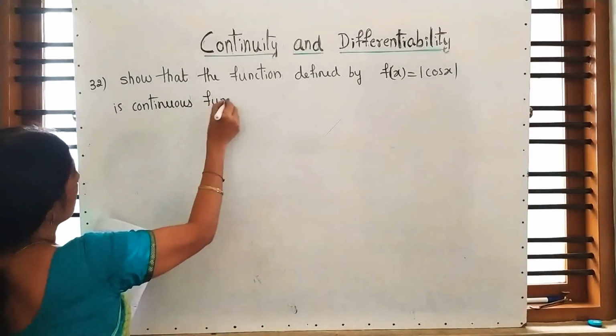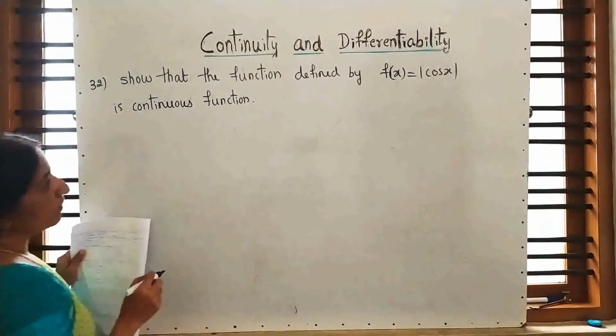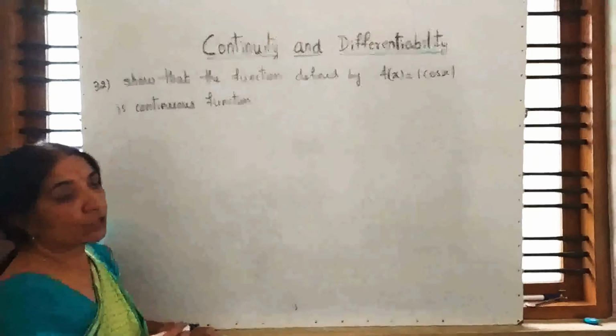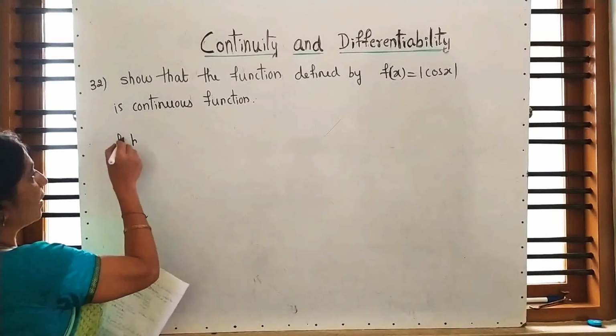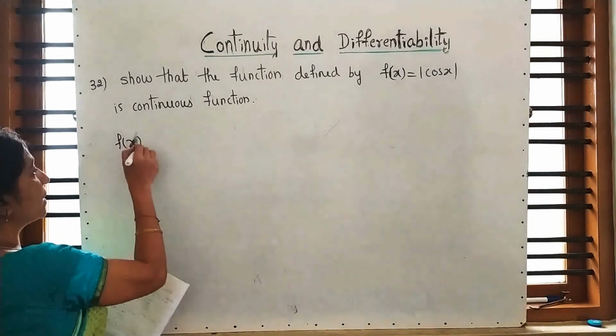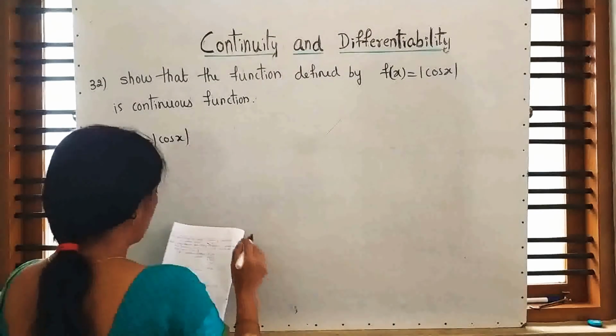Students, it is not homework, but the writing part I will leave with you. I will explain. f of x is equal to modulus of cos x is also a composite function. I will explain and write it down as we did in the previous one.